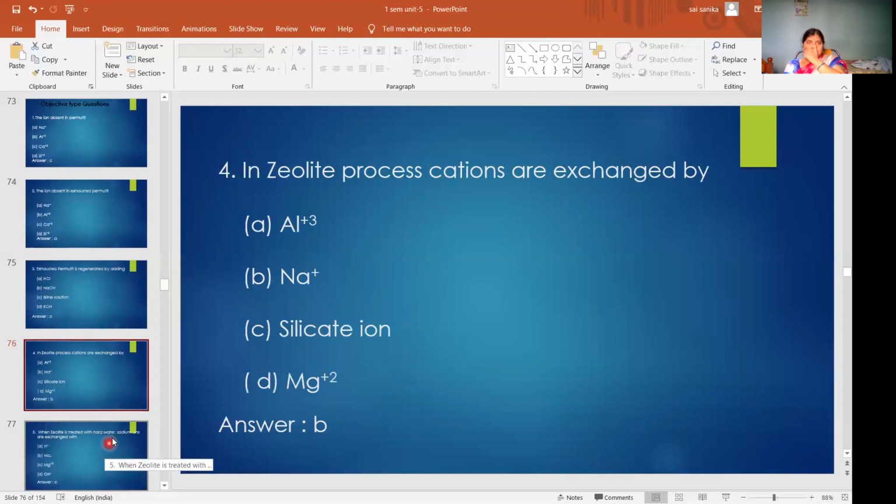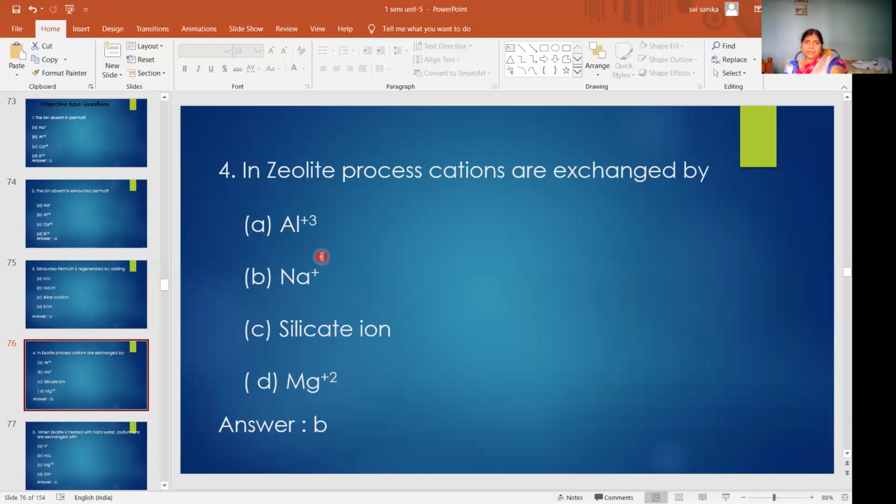So go to the next question. In the zeolite process, cations are exchanged by which ions, they are asking. If you know the zeolite process, then only you can answer this question.